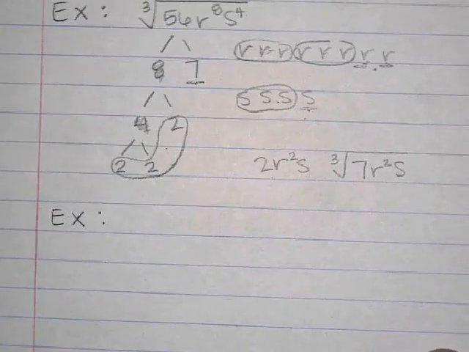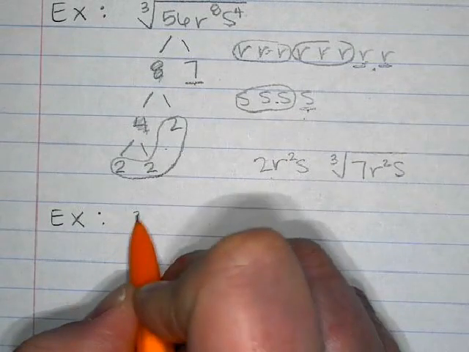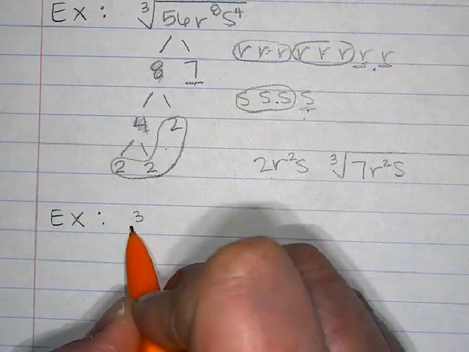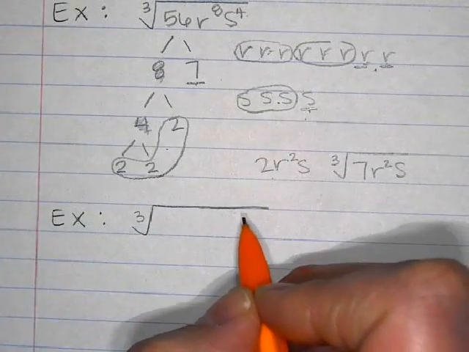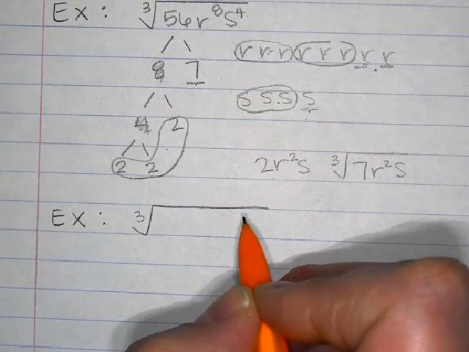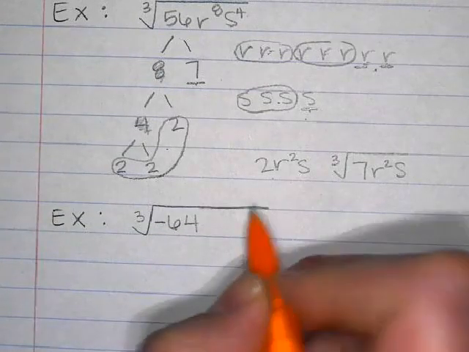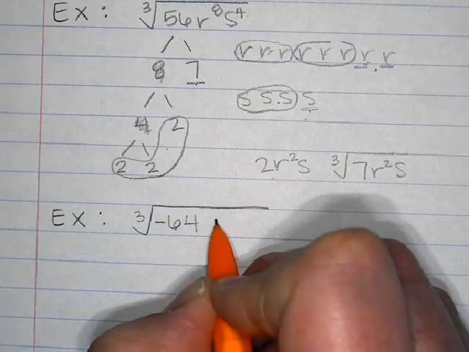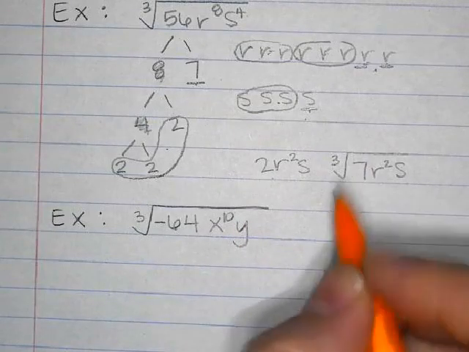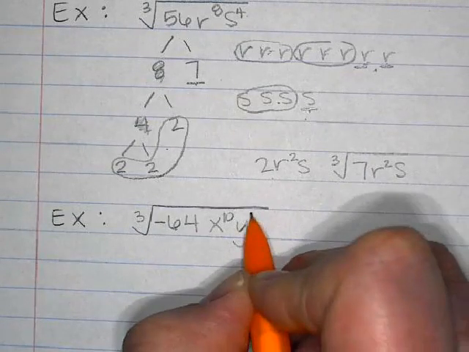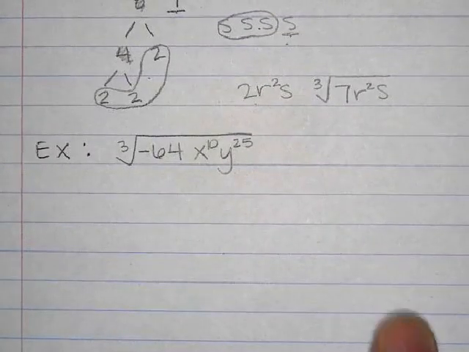Okay, let's try another. Negative 64 cube root, negative 64 x to the 10th, y to the 25th.